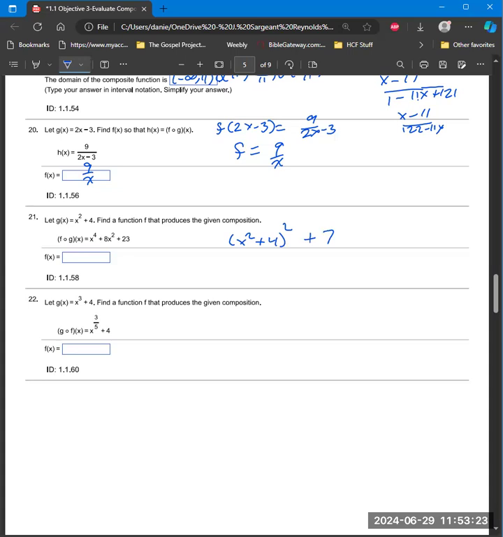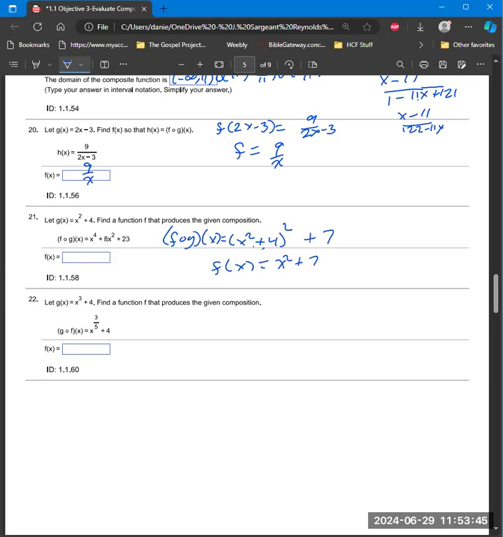So this is going to be f of g of x is equal to this, where this is my g of x, so my f of x has to be x squared plus 7.